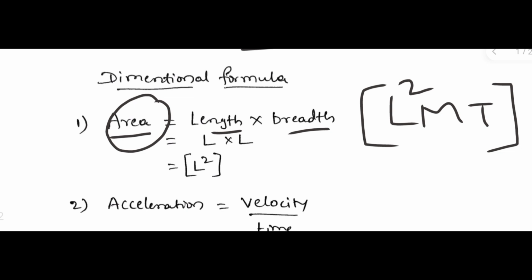There is no mass in area, so M power is 0, and there is no time in area, so time power is 0. This is the dimension of area: L square M to the power 0 T to the power 0. You may write like this, or directly write L square, because anything to the power 0 is 1.